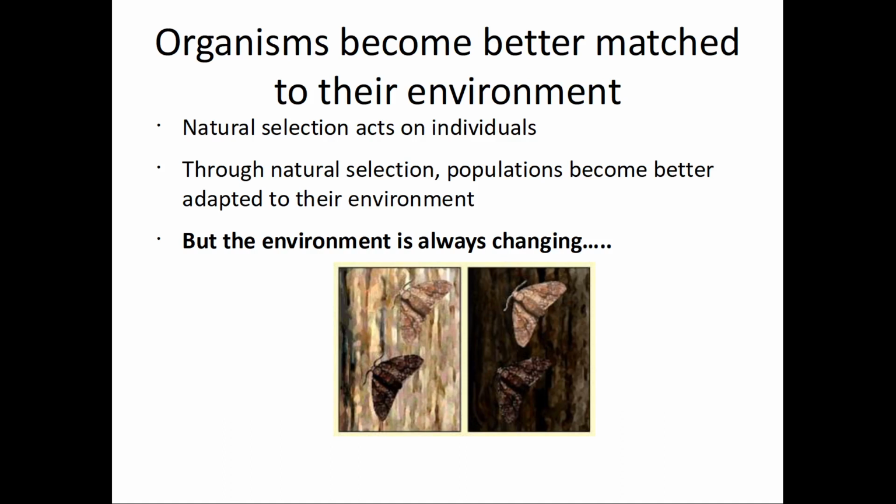So we've got an example here of these moths. This is a pretty fascinating example of evolution that we humans were able to see in a short time. In industrial England, right at the turn of the 1700s going to the 1800s, England started really industrializing.